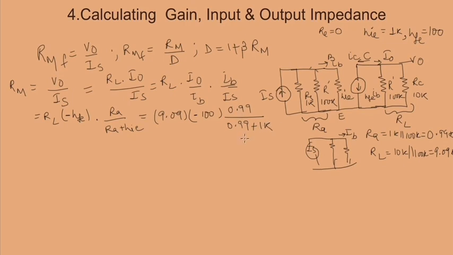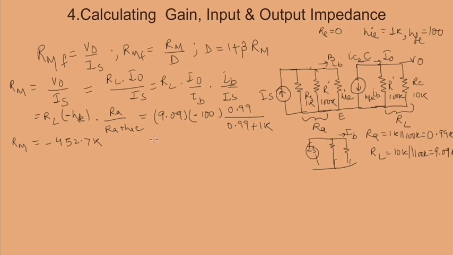That's it, 0.99 by 1.99K. This will give us the value of Rm, which I have calculated comes out to be minus 452.7K. This minus sign is because of the HFE value, the current gain, which is minus of HFE.